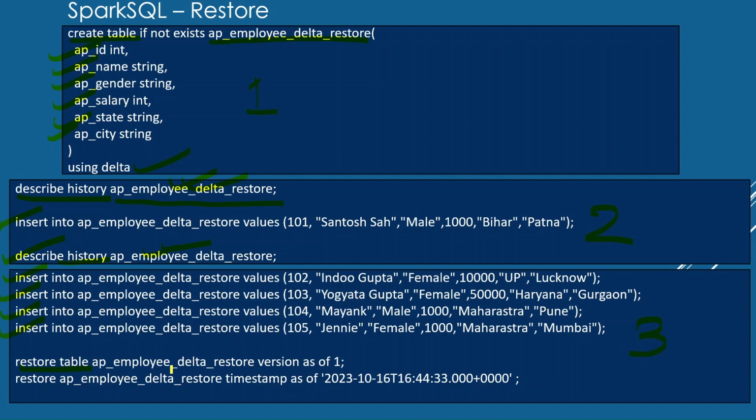If you want to restore the data to version 1, we use this command: restore table, name of the table, and which version we are going to restore it to. So here we have provided version 1.